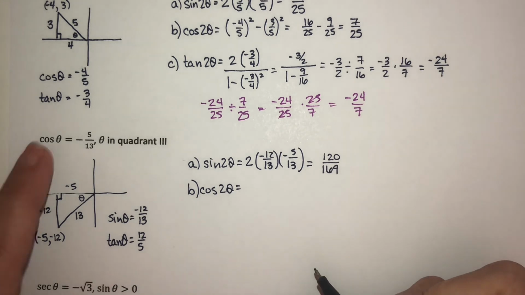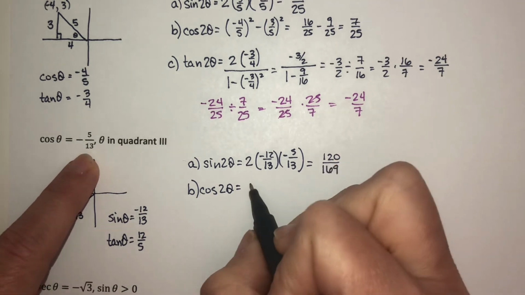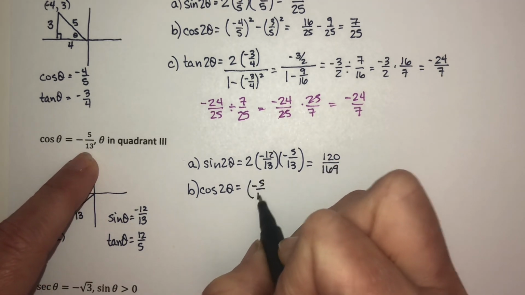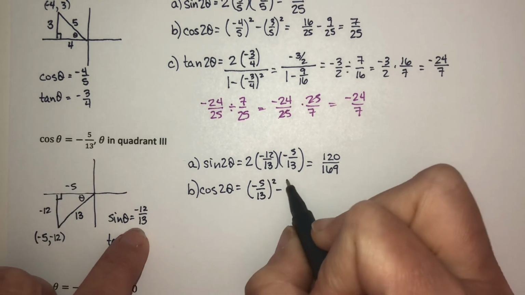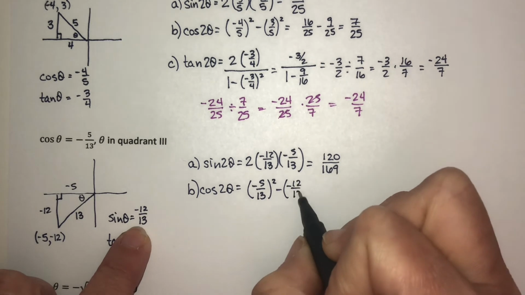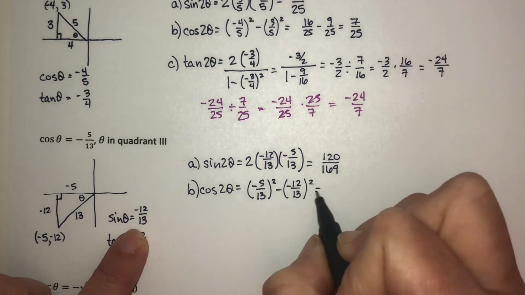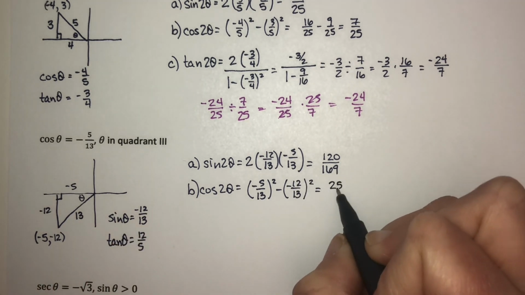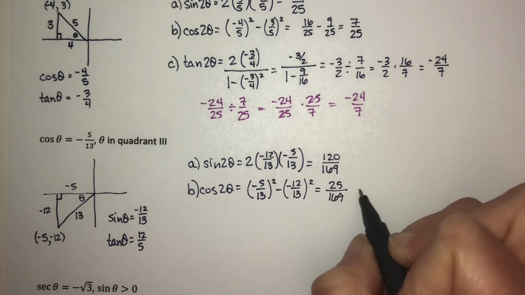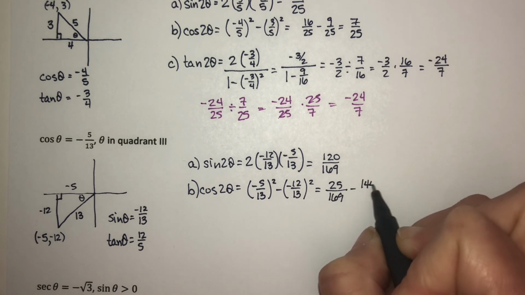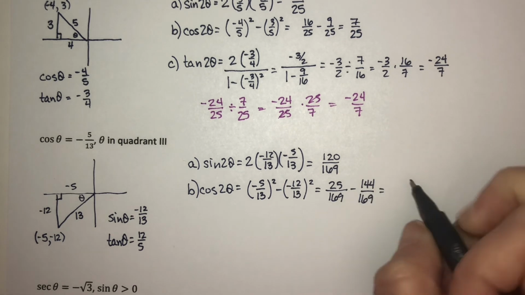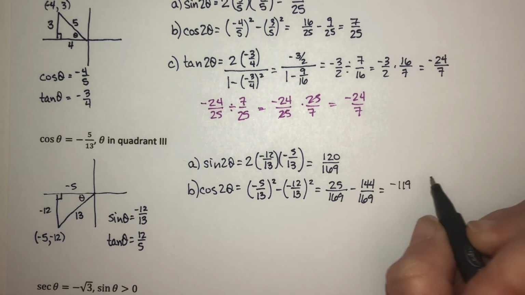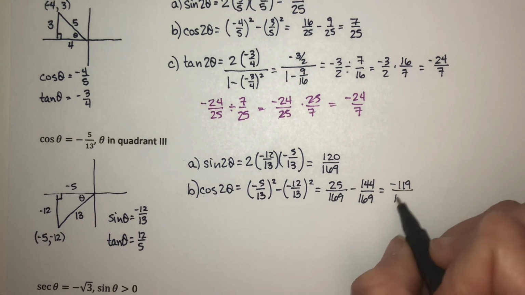I do cosine squared minus sine squared. So negative 5 over 13 squared minus negative 12 over 13 squared is 25 over 169 minus 144 over 169, which is negative 119 over 169.